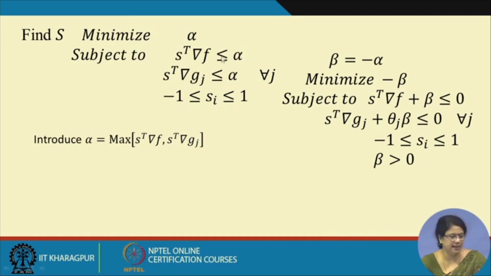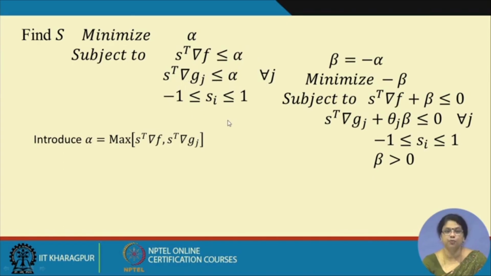One thing you see, grad f, we will get from here a linear function, that I just wanted to say. This is a linear function, this is a linear function, this is a linear function.